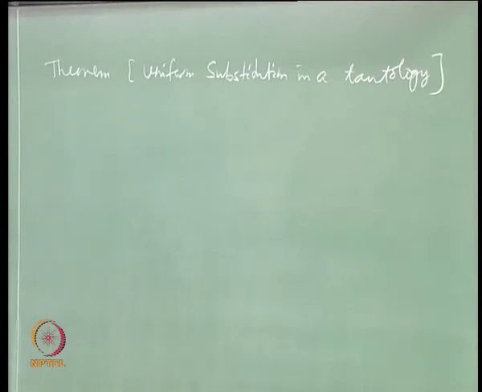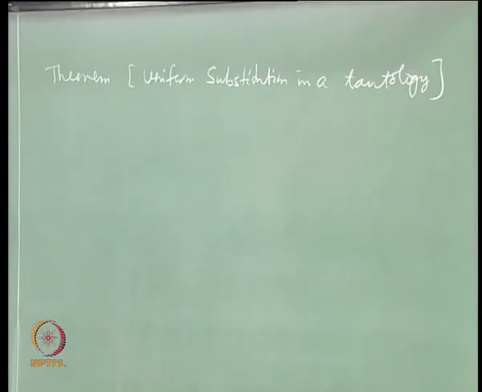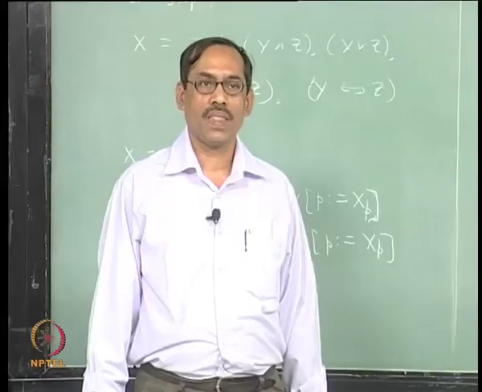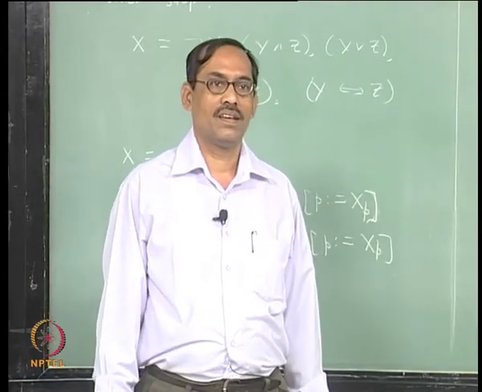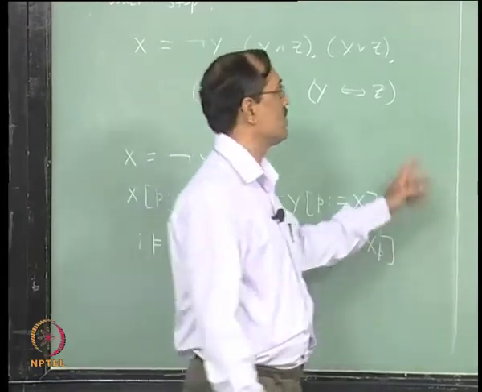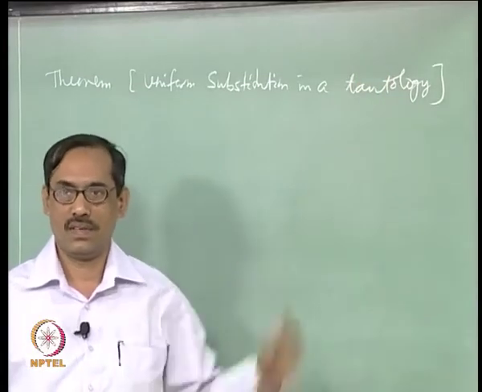So this word valid might confuse. We will say in FL if you take a proposition which is valid, we will call it a tautology, right. While considering both PL and FL, we will say valid propositions are tautologies, right. So that we will not have any conflict of terminology. This is what it says: uniform substitution in a PL valid proposition.